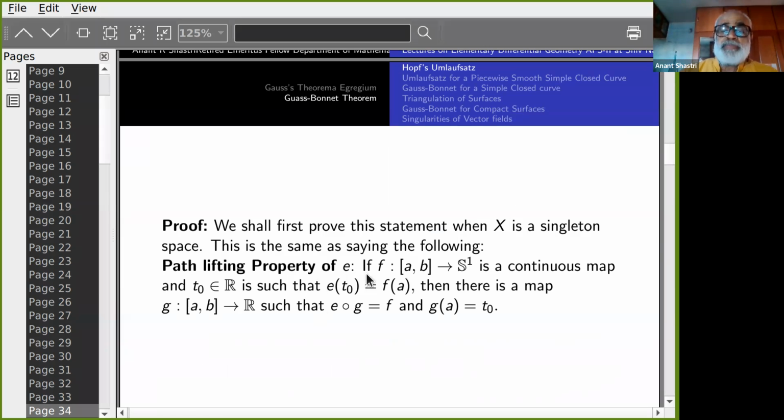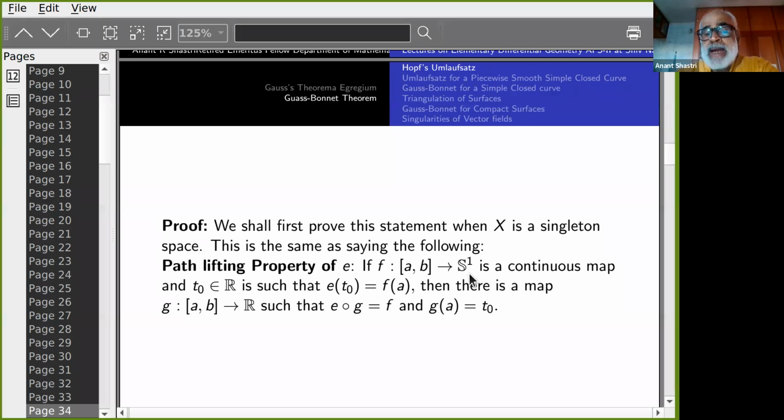So let us look at this property, this function. What is the meaning of this one? Let us state it separately. Take f from [a, b] to S1. Actually, I have fixed the singleton cross [a, b], so singleton I don't have to write now. Take a function f from [a, b] to S1, a continuous map. t0 belongs to R is such that E of t0 is equal to f of a.